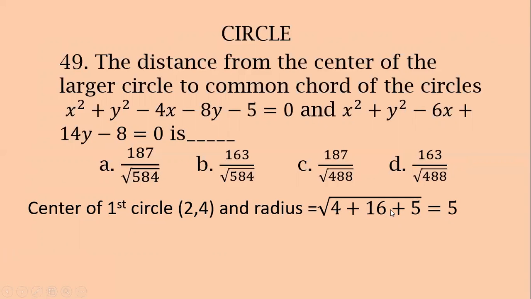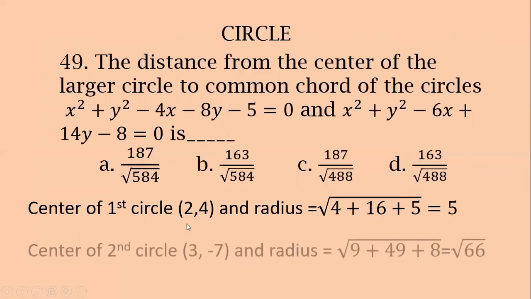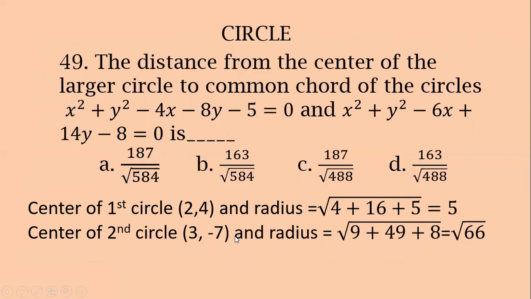Same formula, g square plus f square minus c. Then for second circle, the center is 3, minus 7 and radius is equal to root over 66. So root over 66 is more than 8 and it is 5. So this radius is bigger. So this is the center of the larger circle.